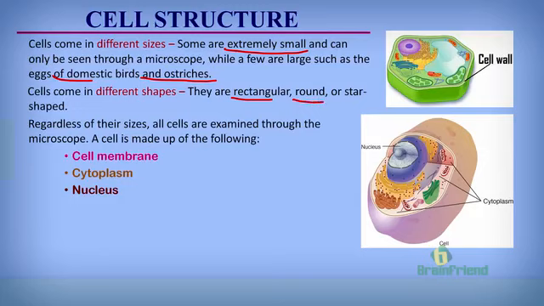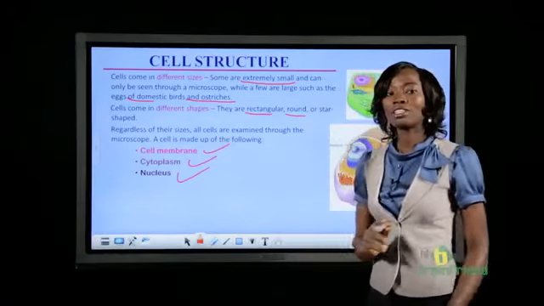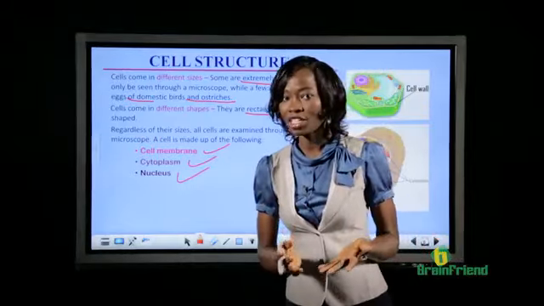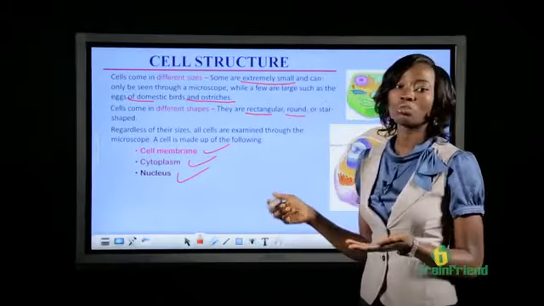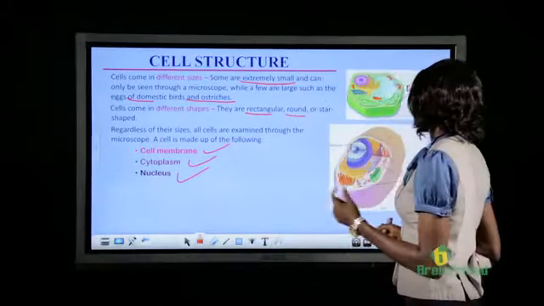But regardless of the sizes and shapes of cells, all cells are made up of three basic parts. Whether they are big, small, square, rectangular, cells are made up of these three basic parts. Cells are made up of the cell membrane, cytoplasm, and the nucleus. Remember, even though a cell is large enough for you to see with the eyes, if you want to see all of these structures, you must view it through the microscope.